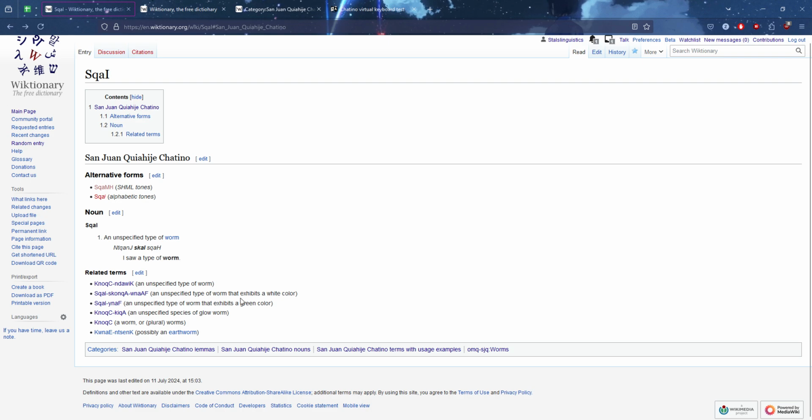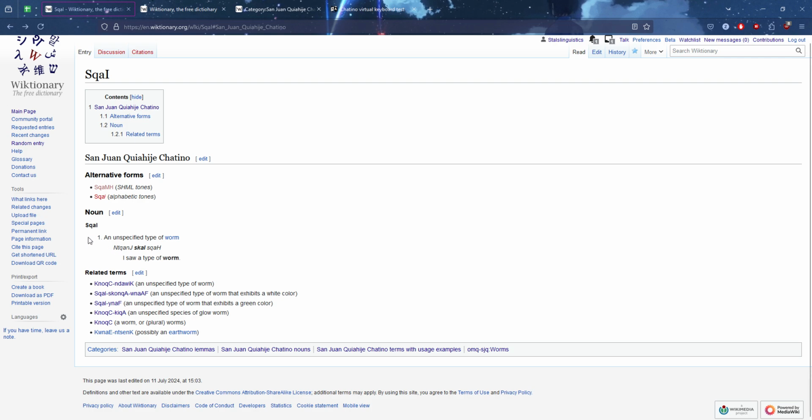I was able to identify a few plants, a few insects, as well as a few animals, I believe, whilst working through this corpus for the noun section. So that was fortunate, but unfortunately I wasn't able to find any specific genus or species for this word.